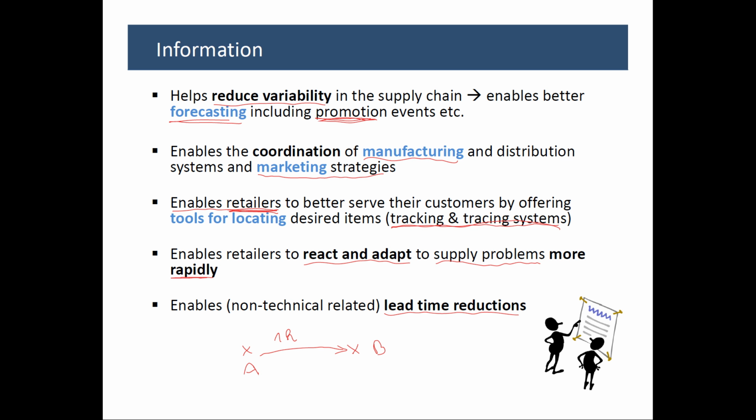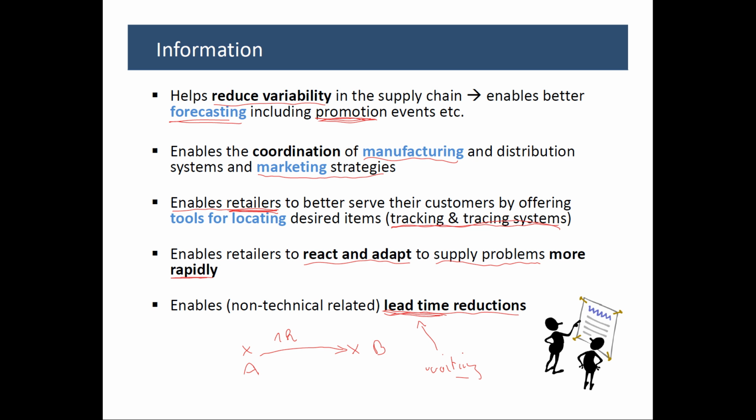And of course, this could not be changed. But lead times also include waiting times throughout the supply chain. Sorry for my handwriting once again, but lead times also contain waiting times.